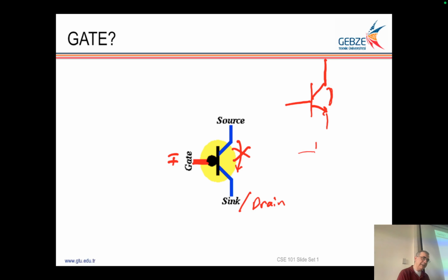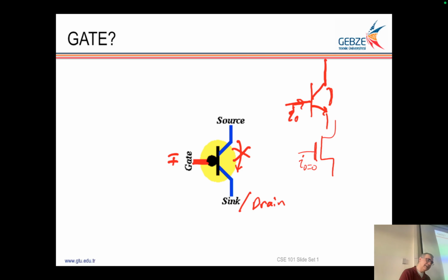With the field effect transistor, with the MOS, here we have a current. Here we don't have a current. We only have voltage. The voltage affects the conductivity.